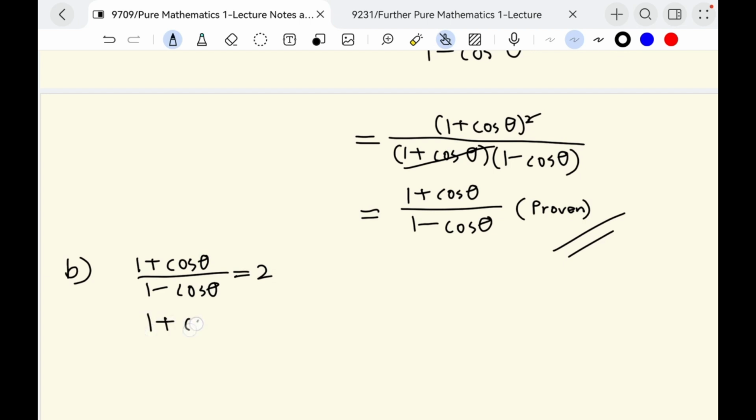And then you expand it, which is 2 minus 2 cos theta. Simplify the expression of the cos theta. Okay, let cos theta be the subject. So you have cos theta equals 1 over 3.